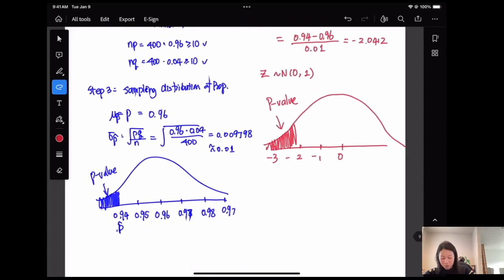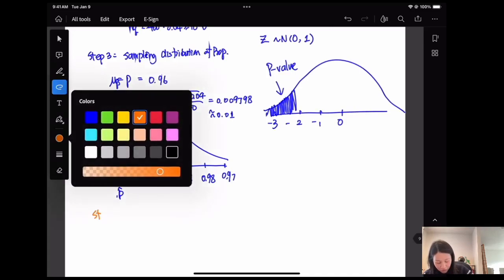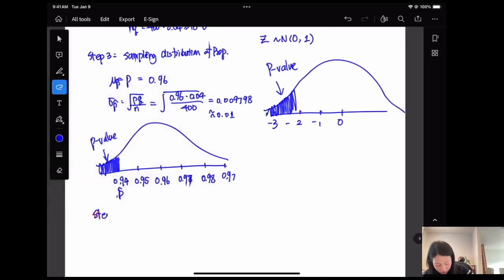So the next step... I can go back, but you saw the video, you can look back. The red part is the z statistic. Step 4: we want to use GeoGebra to find the p-value. Either one should work the same when you use GeoGebra.